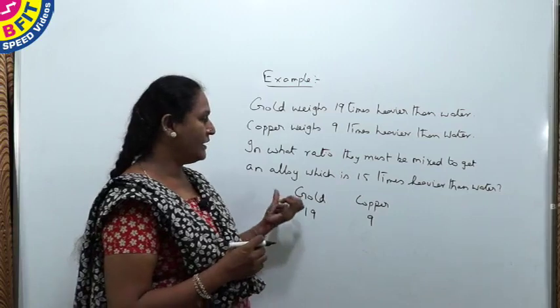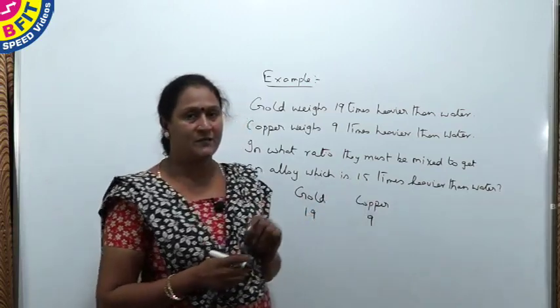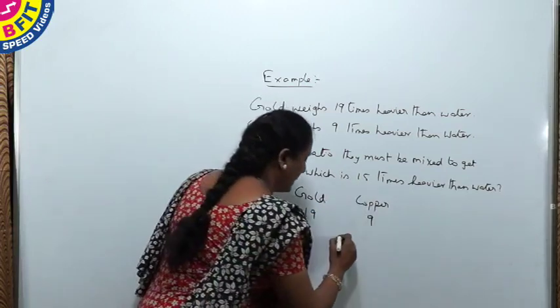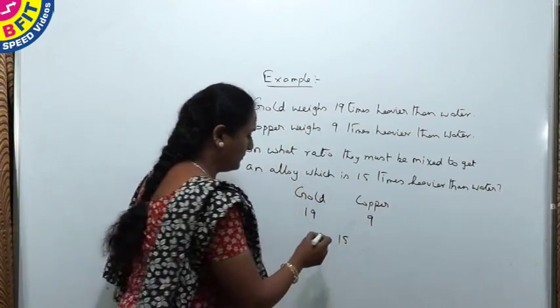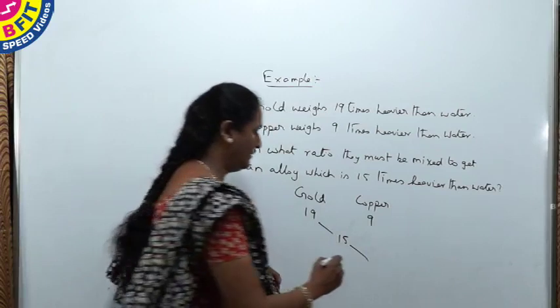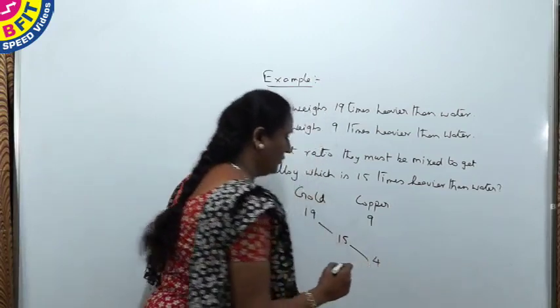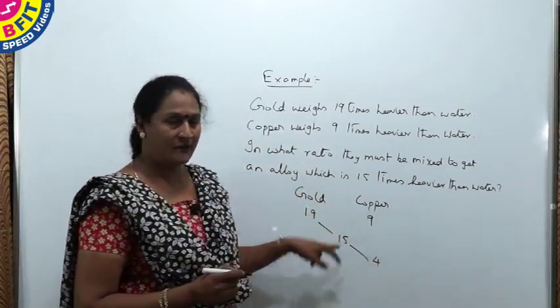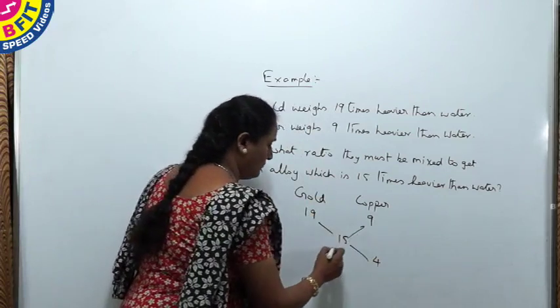You need an alloy which is 15 times heavier than water, so write this 15 in the middle. By subtracting 15 from 19, it is 4, and subtracting 9 from 15, it is 6.